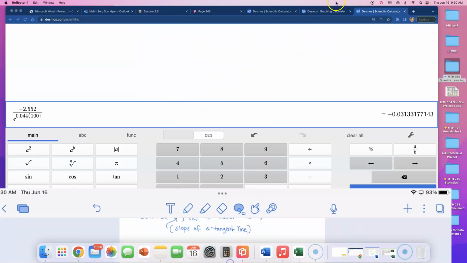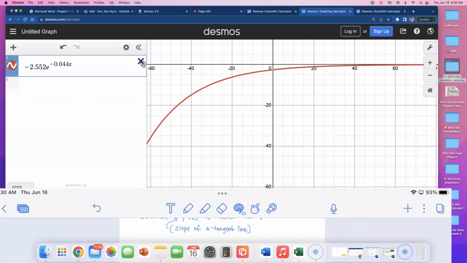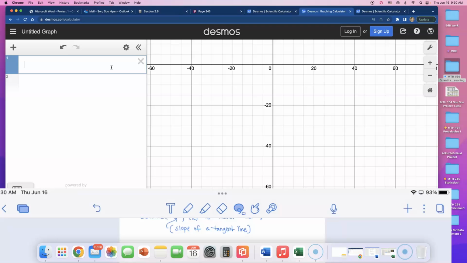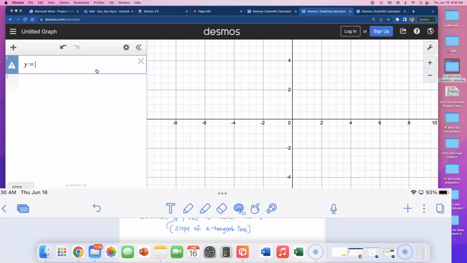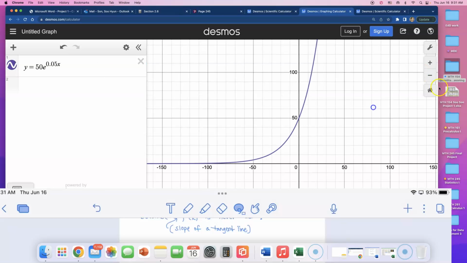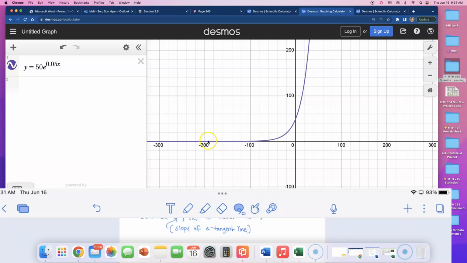So for example, if you get a function that looks like this, I'm just going to make something up: y equals 50 times e to the 0.05x. Let's say that's the function. Does this function have a horizontal asymptote to the right side?